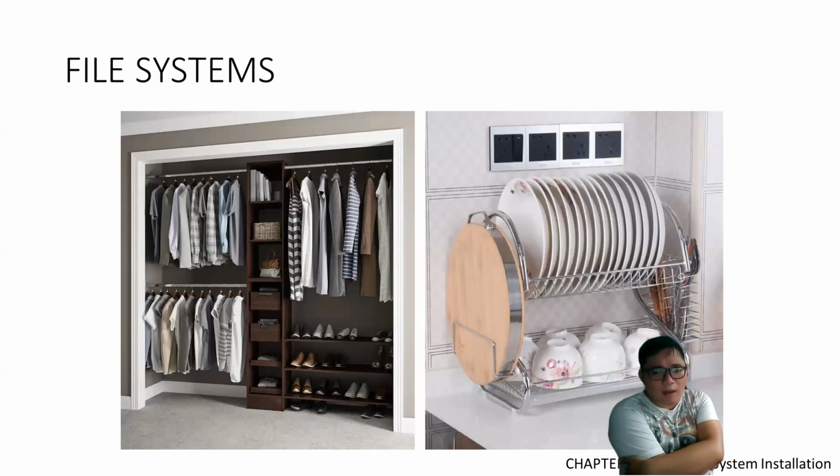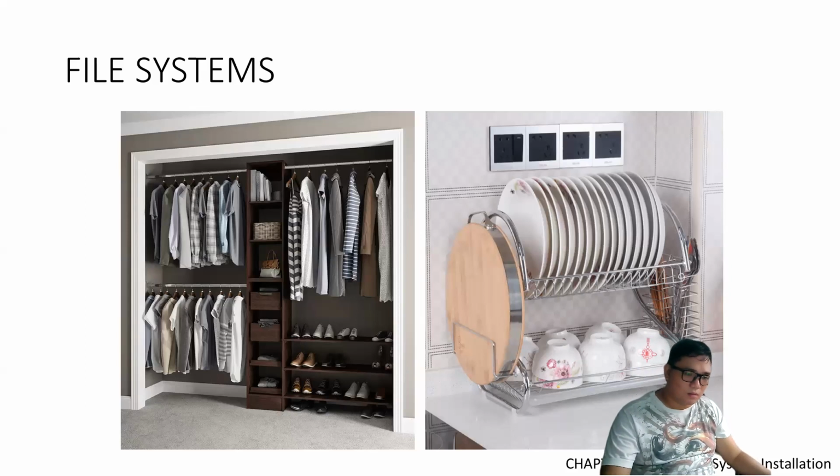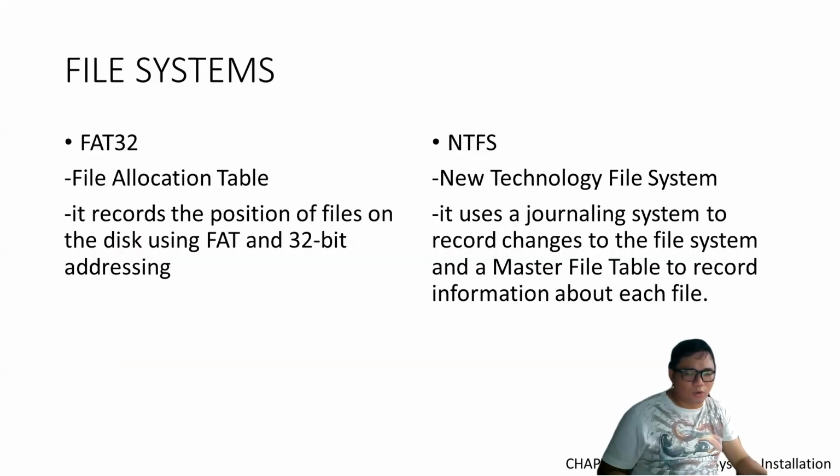We have what we call file systems. File systems are common in different types of operating systems. How do they manage files? We have the file allocation table, FAT32, which positions files on the disk using FAT and 32-bit addressing.